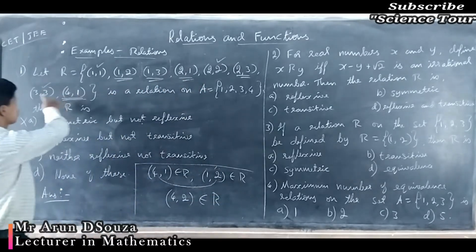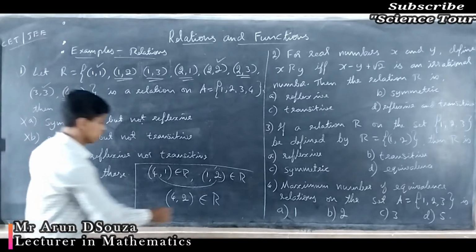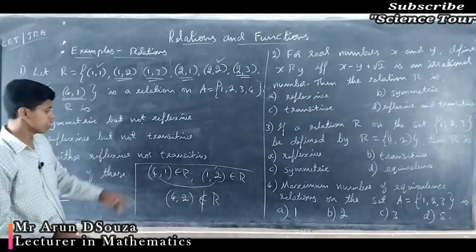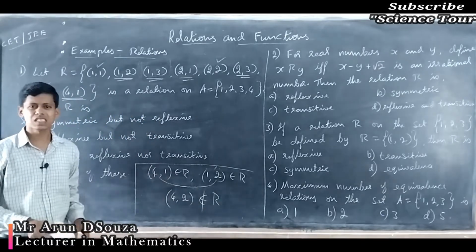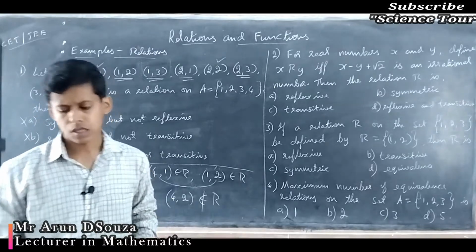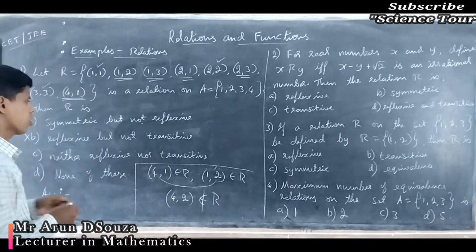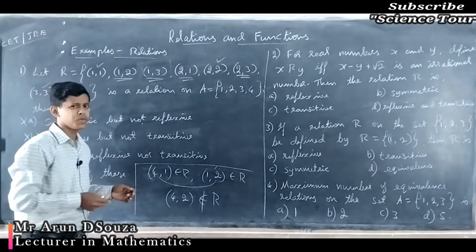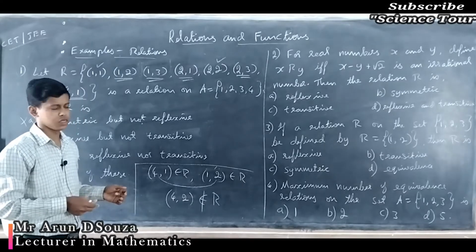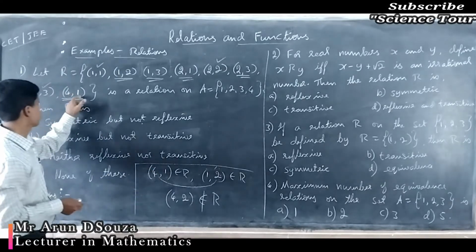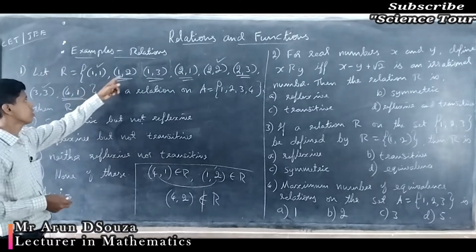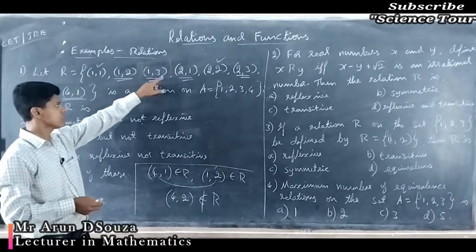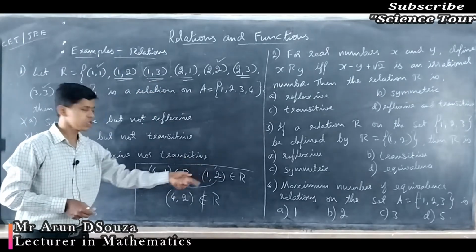Do you see (4,2) in this? No, you don't have it, therefore it is not transitive. See, just one example is enough to say that it is not transitive. So you must check for all possible ordered pairs here. So you have (4,1), then starting with 1, you got (1,2), or you can go for (1,3) also, then (4,3) is also missing.